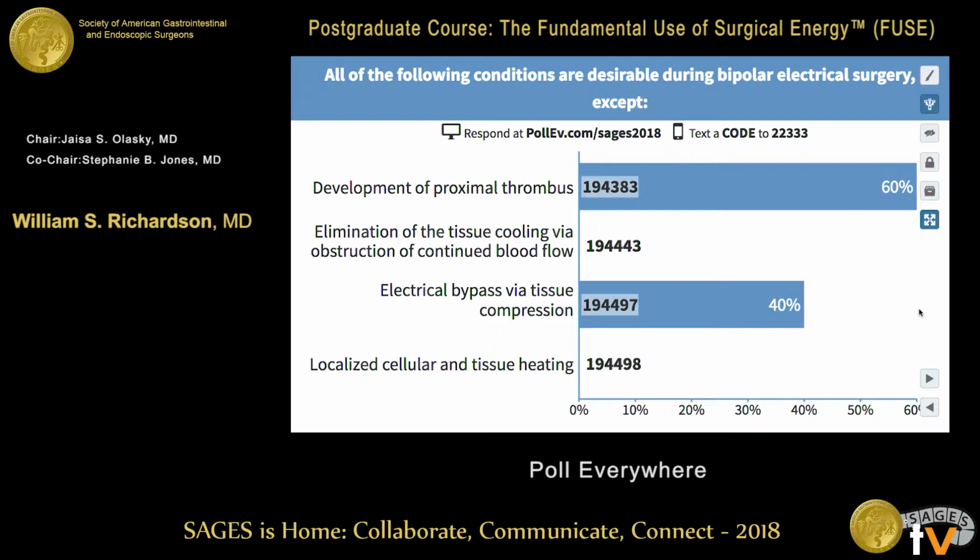When you get that bypass, you no longer are coagulating anything because it's going directly from A to B. So that's not desirable, and that, I believe, is the correct answer for this question. We don't want you to bypass creating the coagulum. Does that make sense to everybody? Developing a proximal thrombus would be something that helps promote hemostasis.